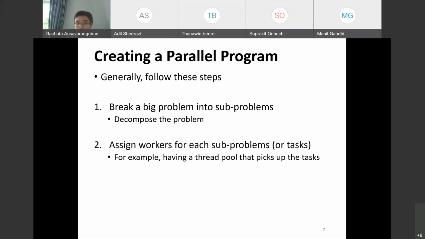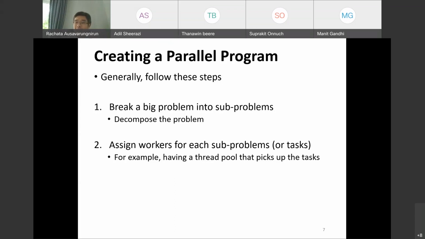And then once you have the sub-problems or tasks, you might have heard the term task instead, then you have something like a Threadpool to pick up the task. I have a CPU that's not running, so here, run the task. Run this task here in CPU 2, run this task here in CPU 3, right?